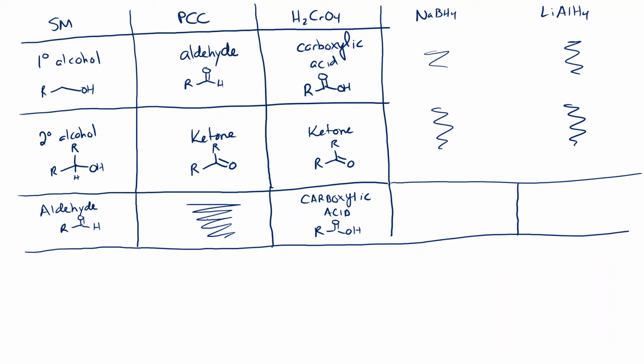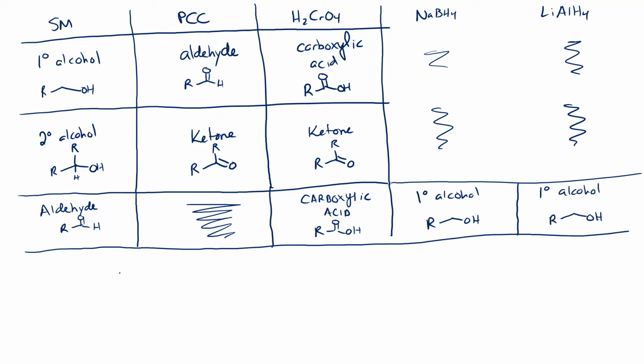Sodium borohydride, if we reduce an aldehyde, this was the example that we just put on the previous slide, you get out a primary alcohol. Right? So just like the opposite of the PCC reaction, if you start with alcohol and oxidize, you get an aldehyde. If you start with an aldehyde and reduce, you get an alcohol, right? Same thing with lithium aluminum hydride. These give the same product when we treat an aldehyde.